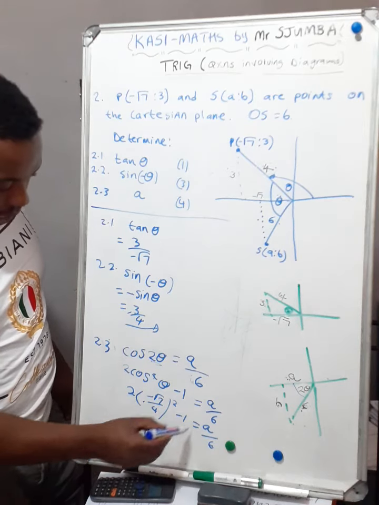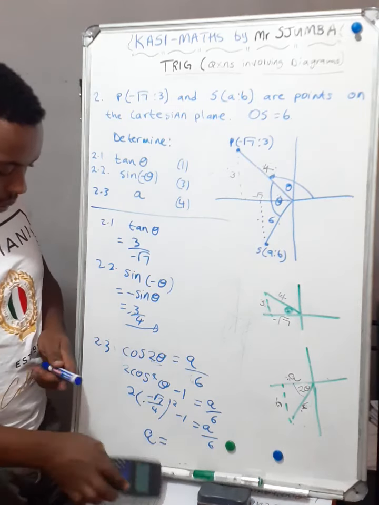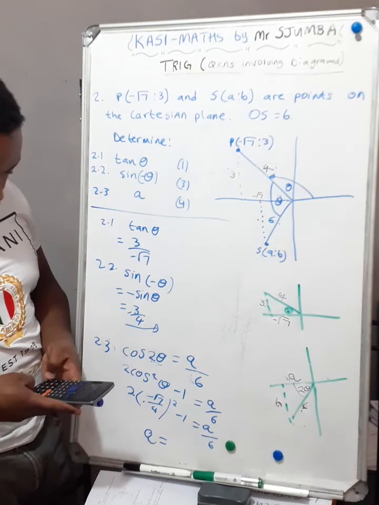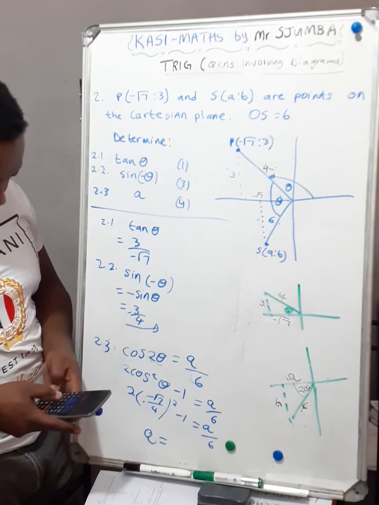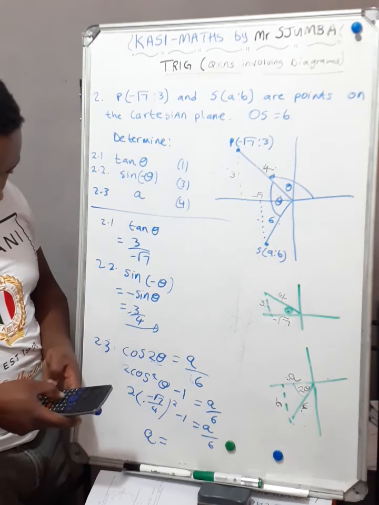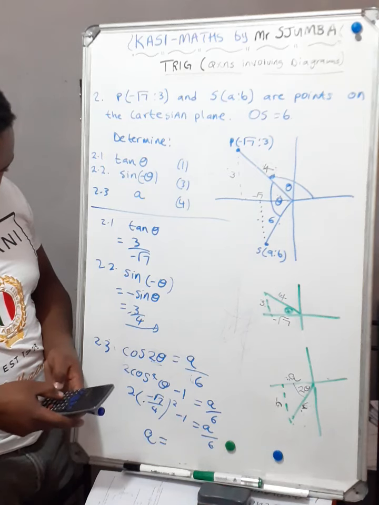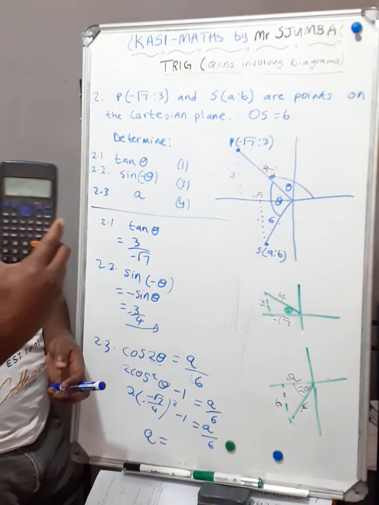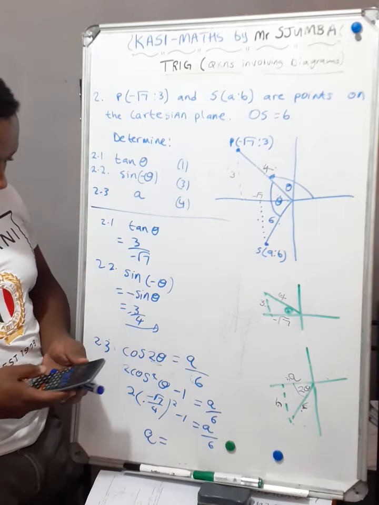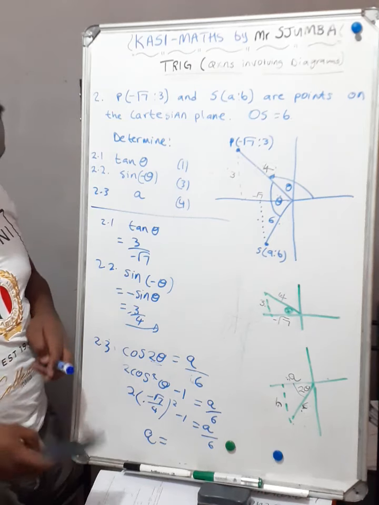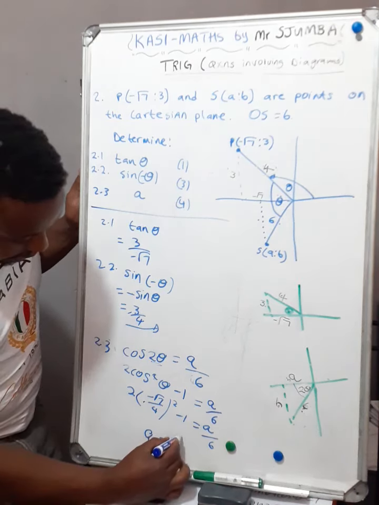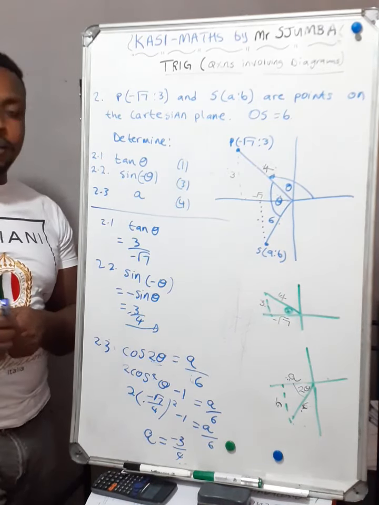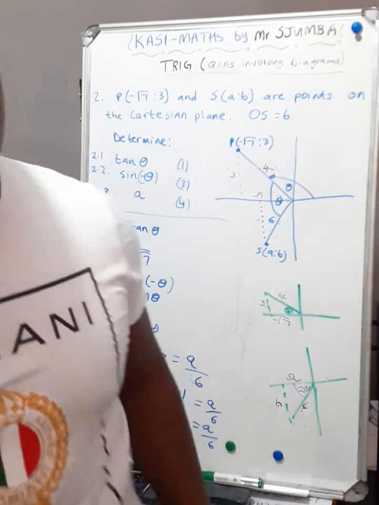I put it in the calculator: 2 into negative root 7 over 4, all raised to 2, minus 1, and the answer is minus 1 over 8. Then multiply by 6, the total is minus 3 over 4. So the answer is negative 3 over 4. Right, so this is how we do this one.